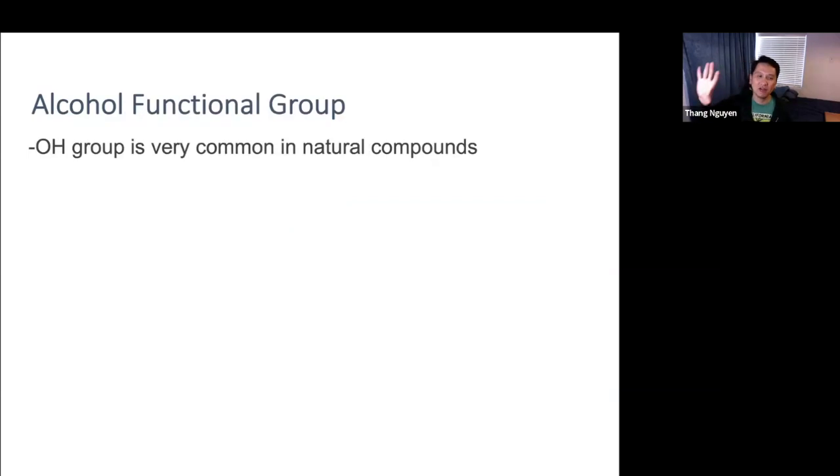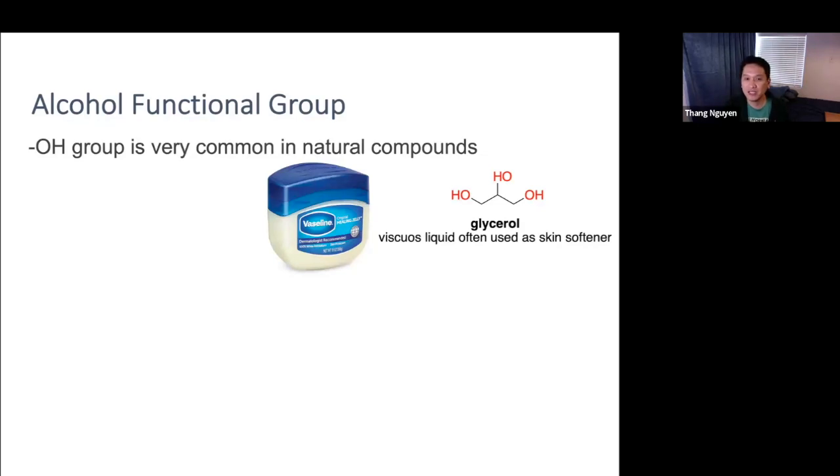Now let's talk about alcohol as a functional group, not just as the main thing, like in ethanol and isopropanol. It's very, very common to find alcohol functional groups, hydroxyl groups, in natural products. Like in glycerol, which is the main ingredient in your petroleum jelly, your Vaseline, which is used to hydrate your skin.